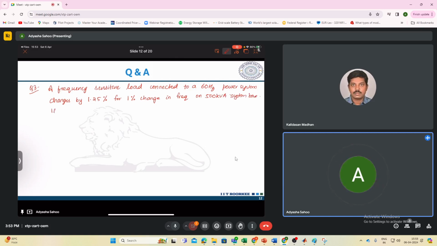If the system base is changed to 1 MVA, calculate the value of D in per unit megawatt per hertz.